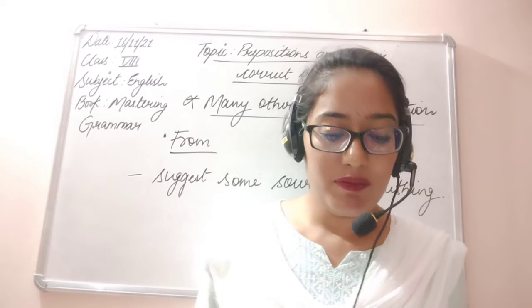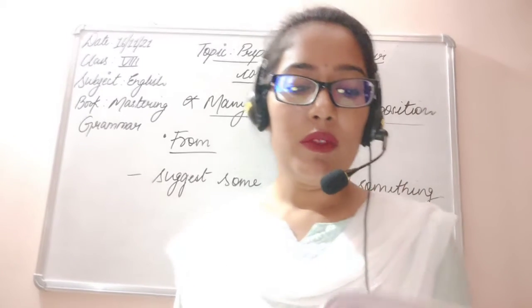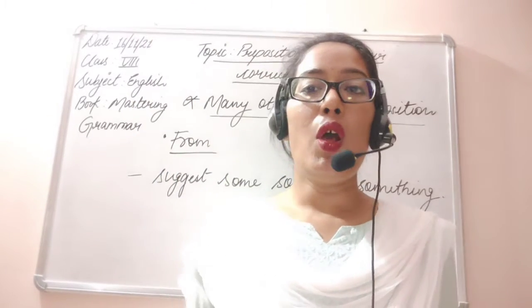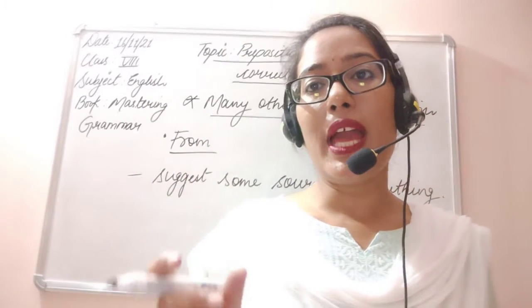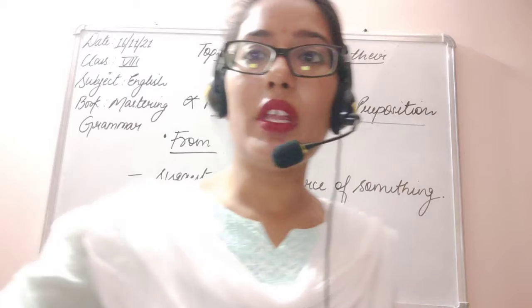Now of is used to suggest belonging. When you are talking about the belongingness of something, that who this particular thing belongs to, then of is used. The handle of the door is broken. So what is broken? Handle. And it belongs to the door. It may also indicate some person or thing.